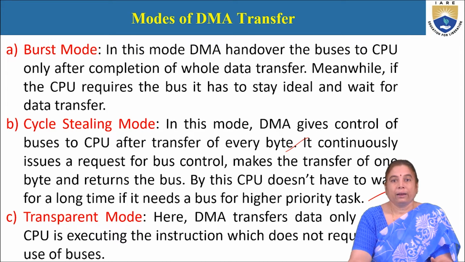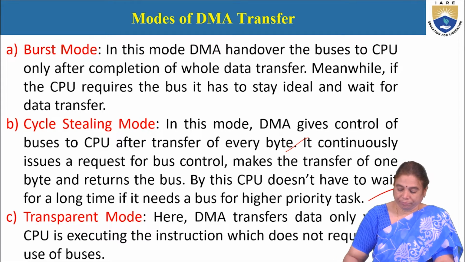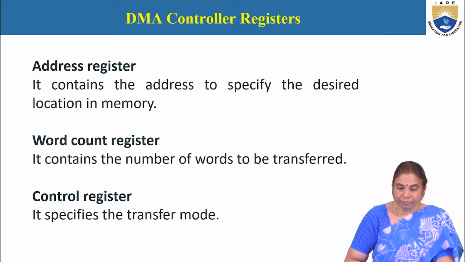It then enables the bus grant signal, so that the DMA can understand that the buses are free and can take control over the buses and be involved in the transfer. So it can use three modes of transfer, that is burst mode, cycle stealing mode and transparent mode, to transfer the data.